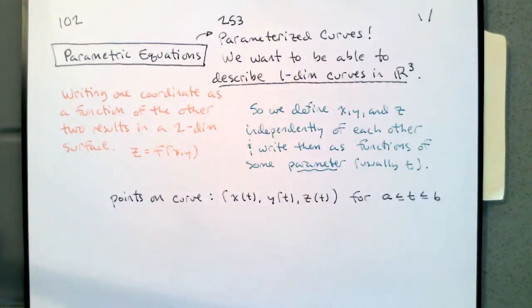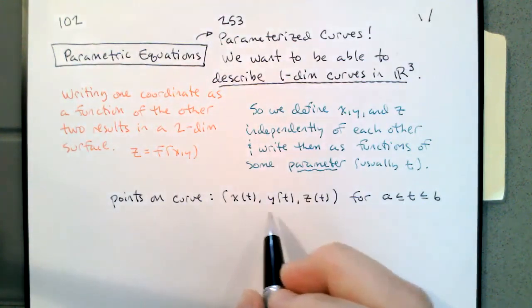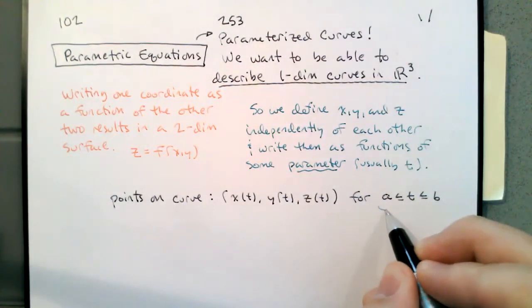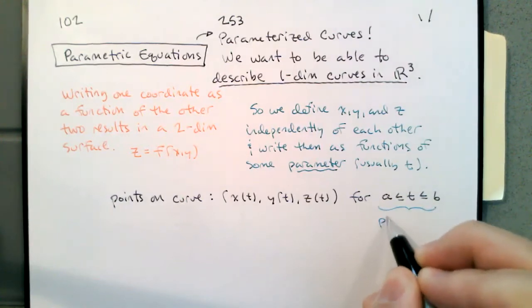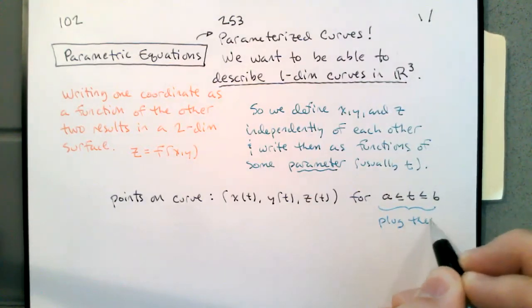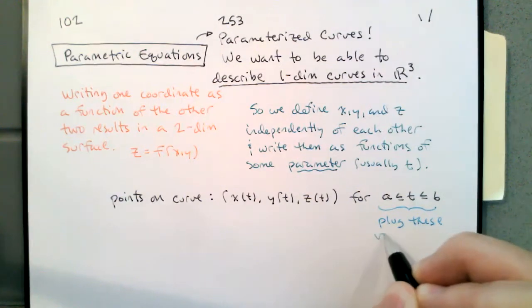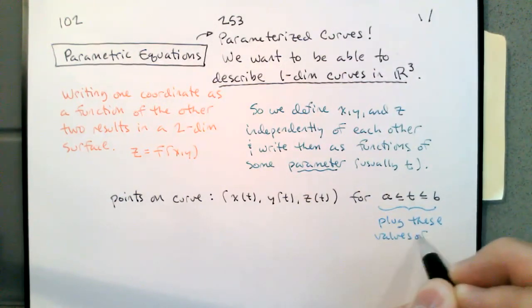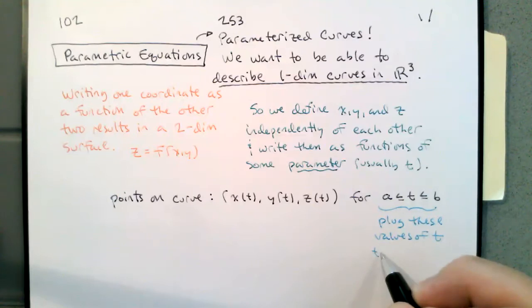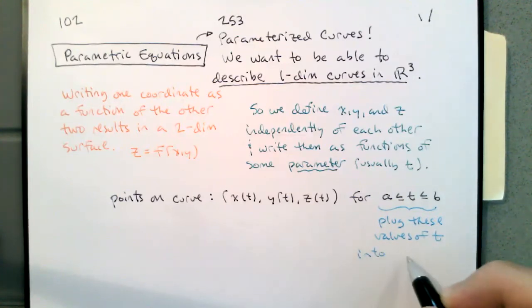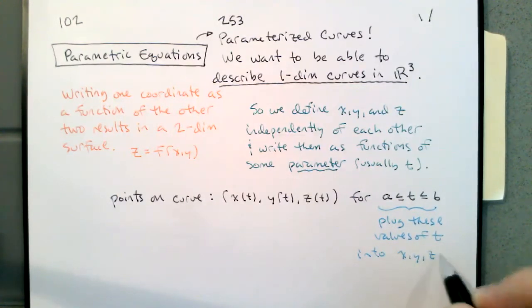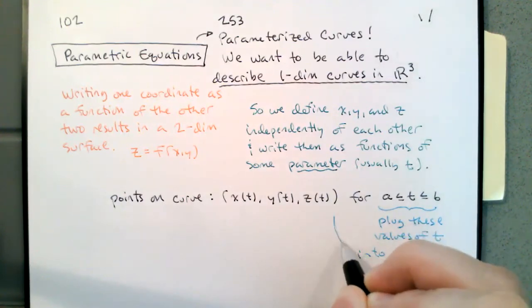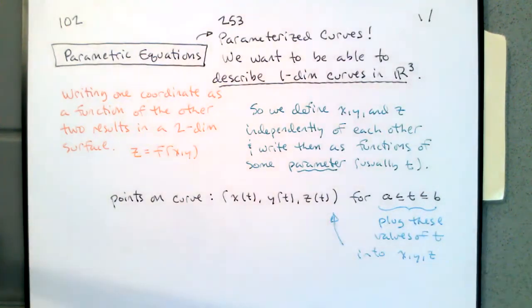So the interval t goes from a to b. These are the values of t that we plug into each of these three functions. So each of those values of t we plug into the function, and that gives us a coordinate, and that's where we get the curve.